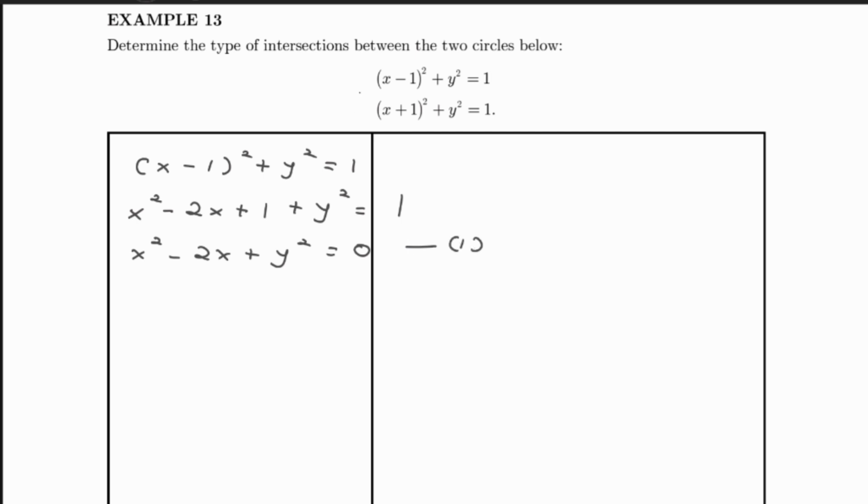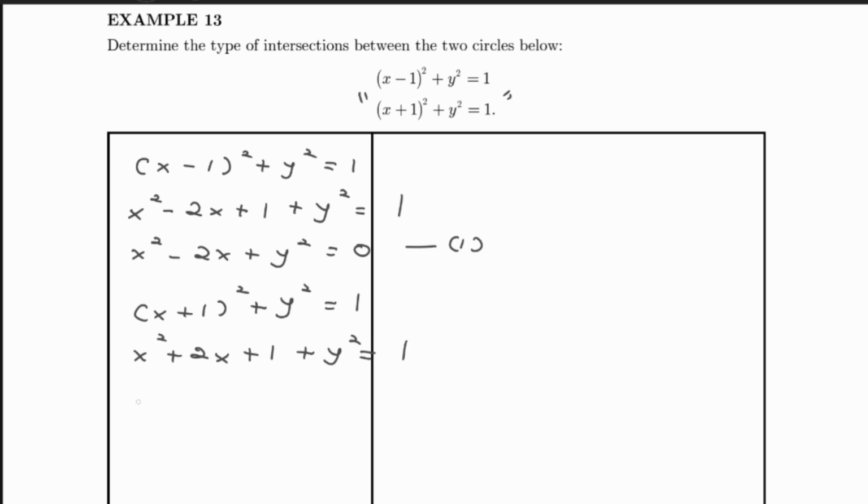Now we take the second circle equation. We have (x plus 1) squared plus y squared equals 1. Expand this, we get x squared plus 2x plus 1 plus y squared equals 1.